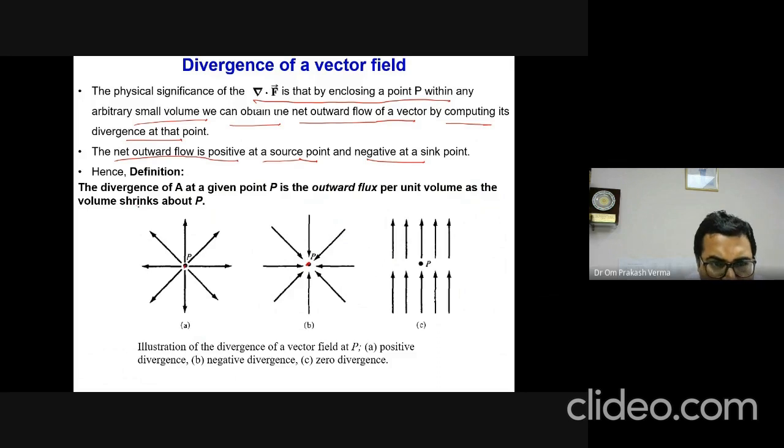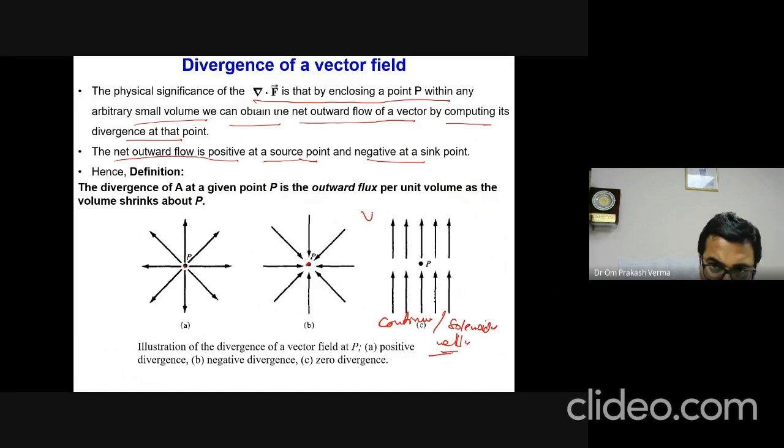And also, it is a very important line. This is the solenoidal, or continuous, vector field. For a continuous or solenoidal vector field, it becomes zero.